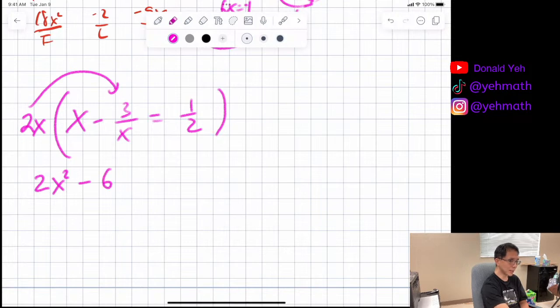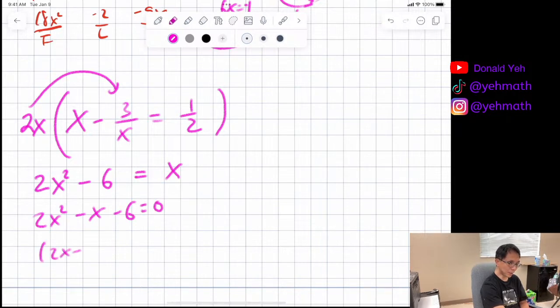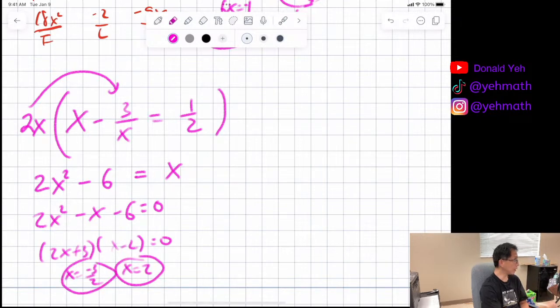That's going to be minus 6, equal to what? X. So it'll be 2x squared minus x minus 6 is equal to 0. Then if you factor, it's going to be (2x plus 3)(x minus 2) equal to 0. And x equals negative 3 over 2, x equals 2. And there you go. You learn how to do things a little bit. We learn how to do a jab and a hook.